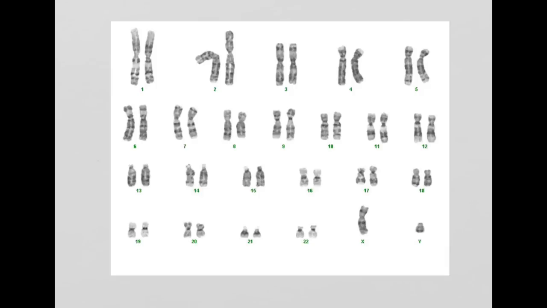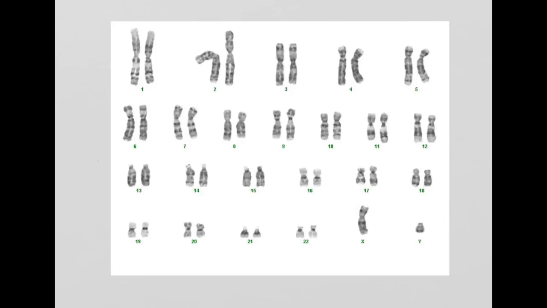Numbers 1 through 22, which don't include these two down here, we refer to as somatic chromosomes, and these two, the X and Y, are the sex chromosomes.